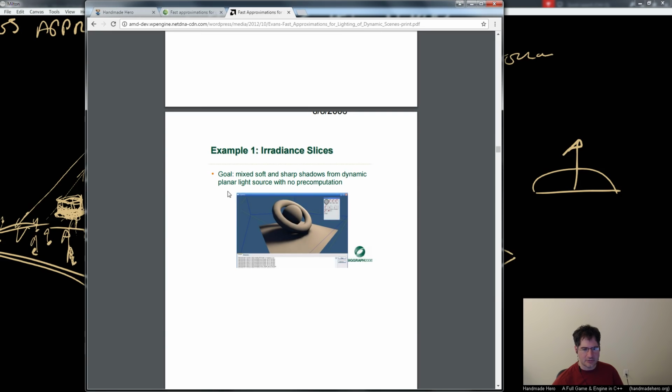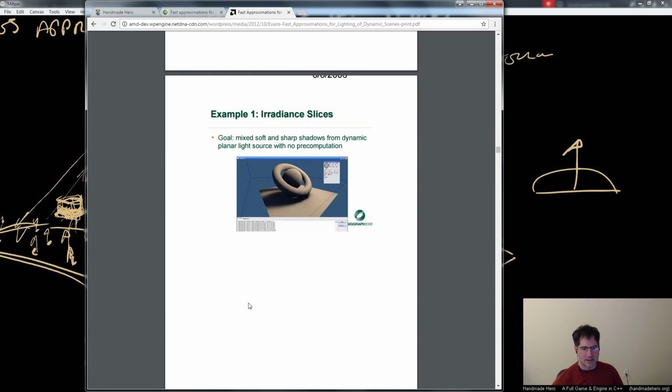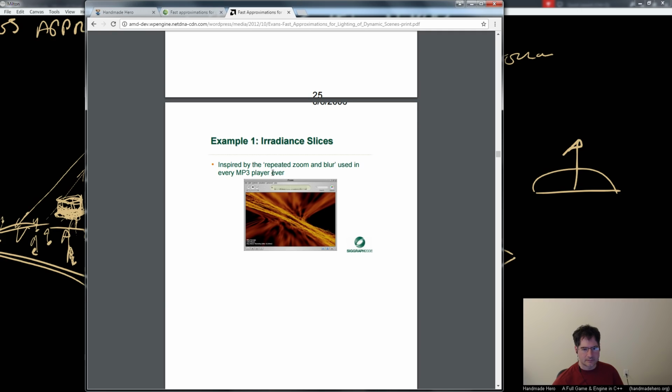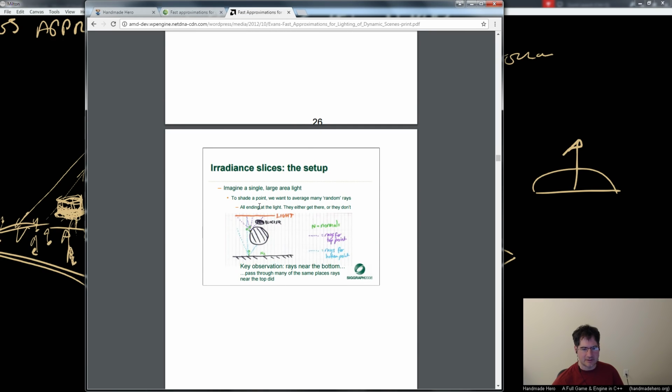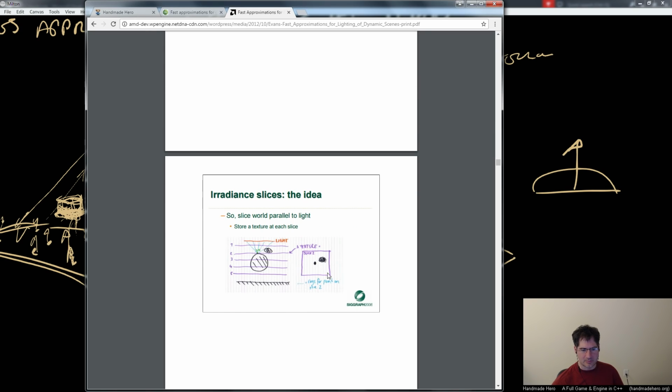And so they go through, okay, they talk about irradiance slices. I like how these are drawn with magic marker or something. I like that a lot.